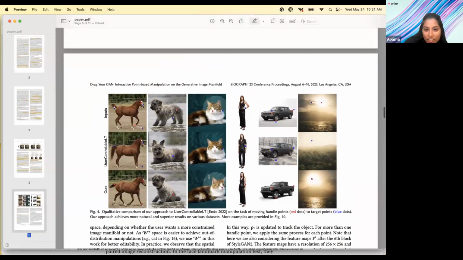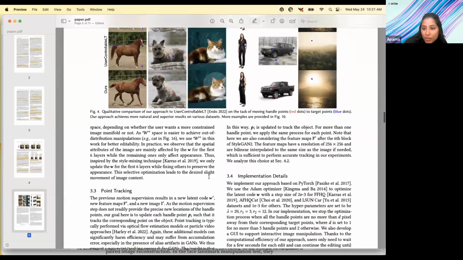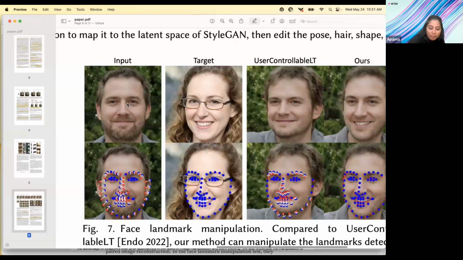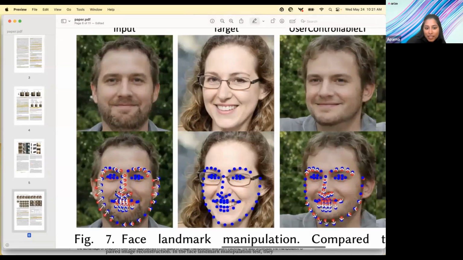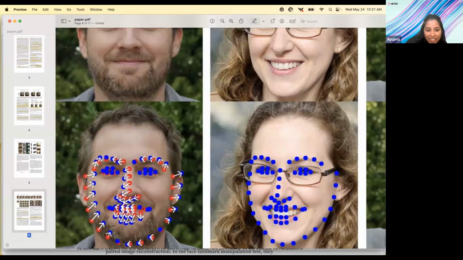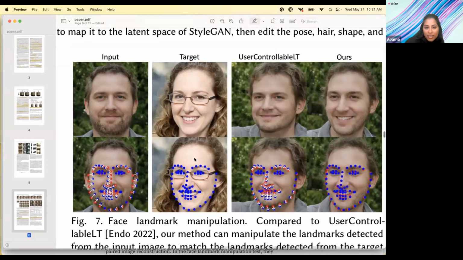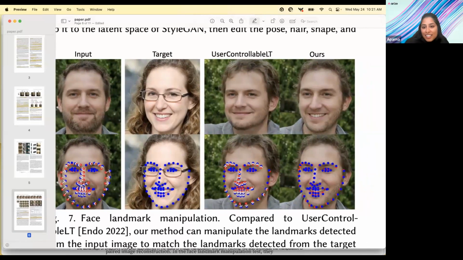Yeah, and maybe let's just start there actually. For example, there's a really good image. So they were comparing, this was the input, this was the target, and in this input here, the red points are again all of your handle points. The blue points are where you want your target points. And then this is a benchmark, the most comparable thing in the past, user controllable LT.